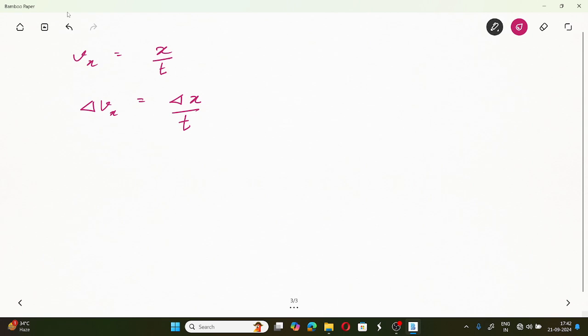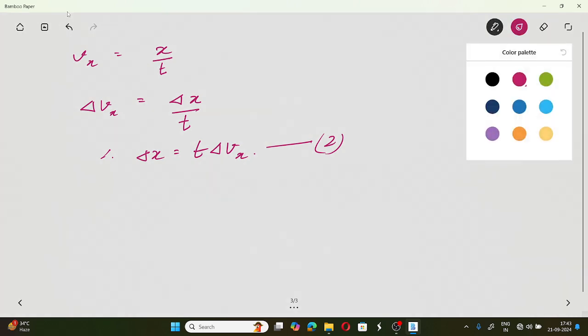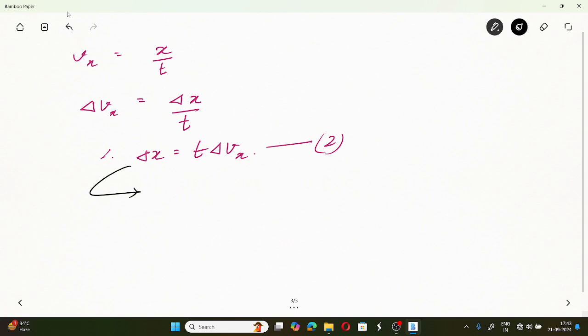Okay, so we can write delta x equals t delta vx. So this is equation 2. Now, this is the uncertainty in the determination of position after t seconds.